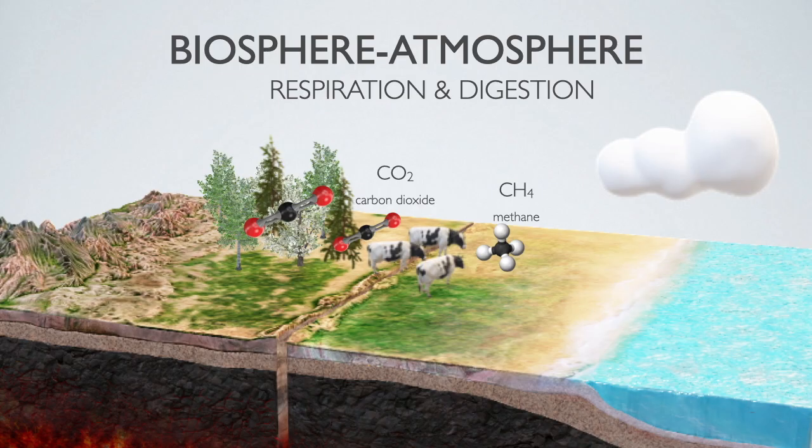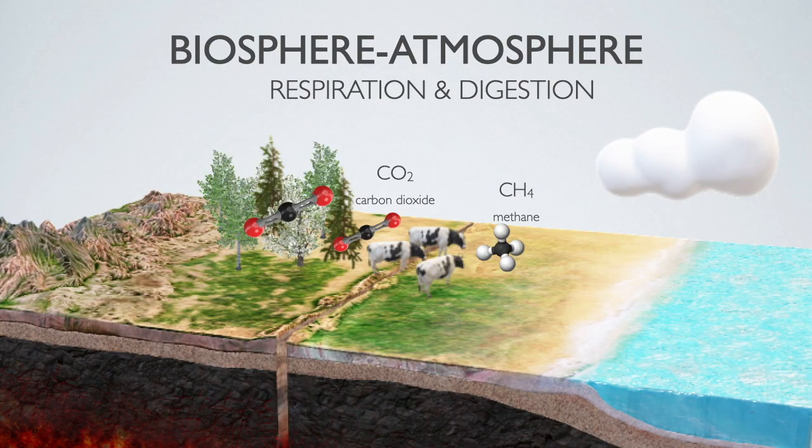The biosphere generates carbon via two main ways: respiration and digestion. Respiration consists in absorbing dioxygen, mostly known as oxygen, a gas contained in the atmosphere which is not made of carbon, and releasing carbon dioxide in the atmosphere.